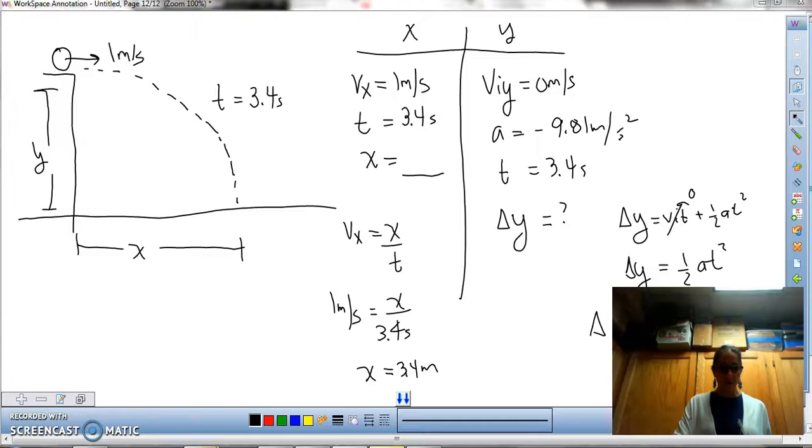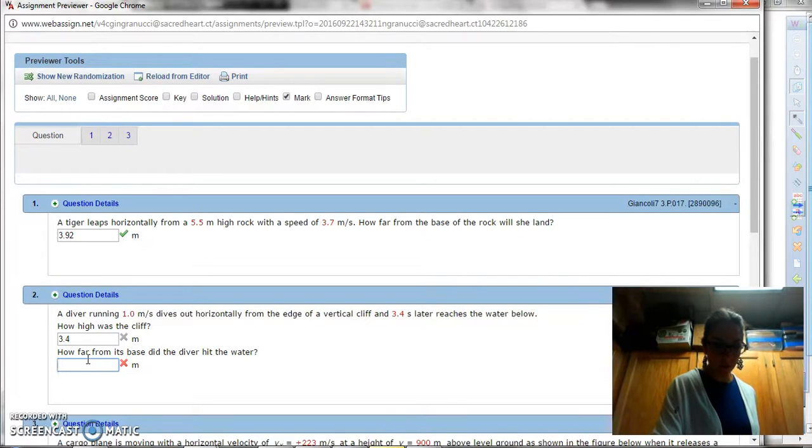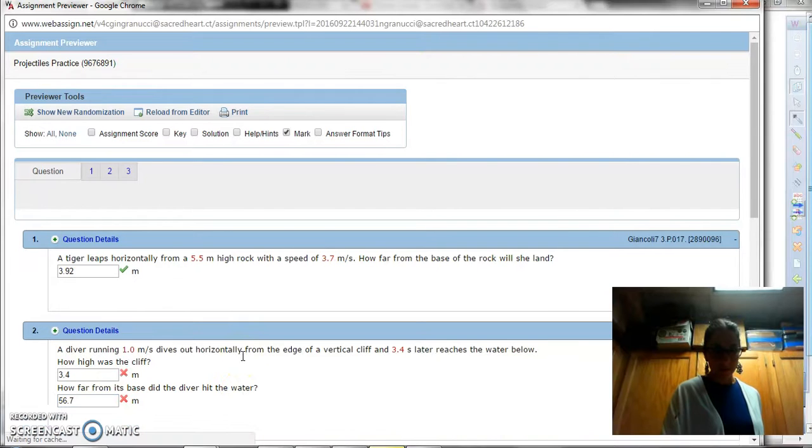So if we enter those in, we said what, 3.4 here? How far from the base? It didn't say displacement, so I'm just going to write it as a positive value here. Oops.